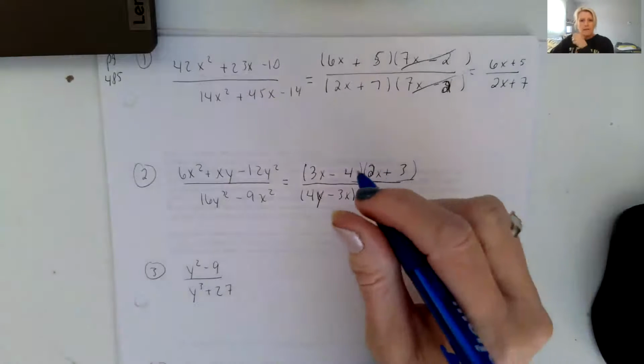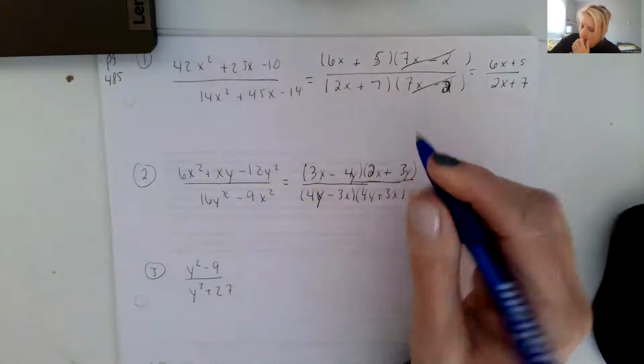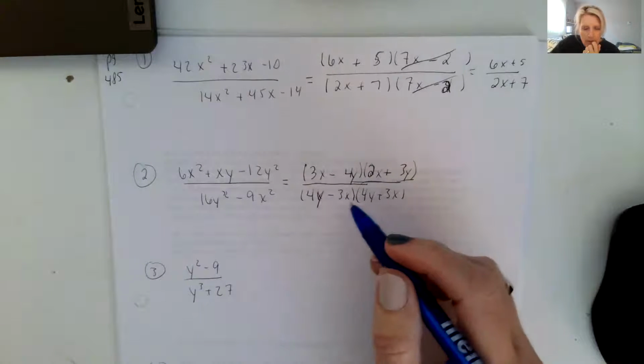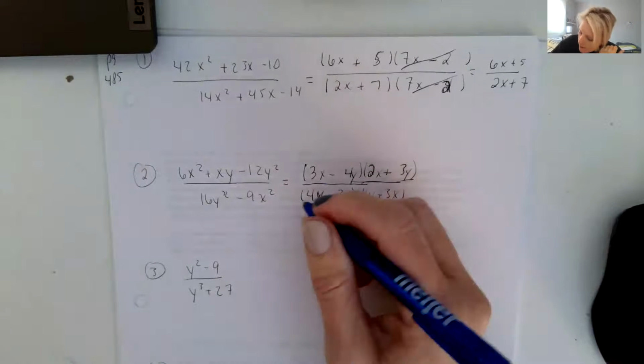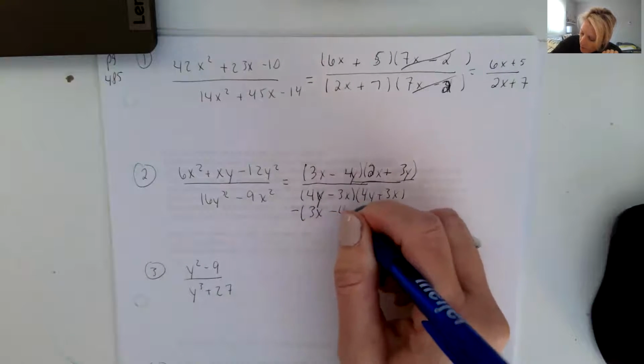Okay. Oh, and this is y, 4y and 3y. Okay, so this is the opposite of the denominator, 3x minus 4y and 4y minus 3x. So we could factor out a negative here from the bottom and make this a 3x minus 4y.